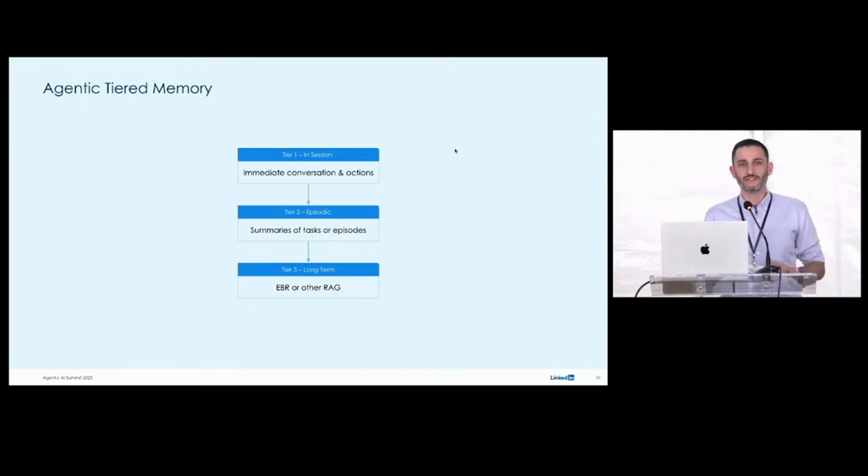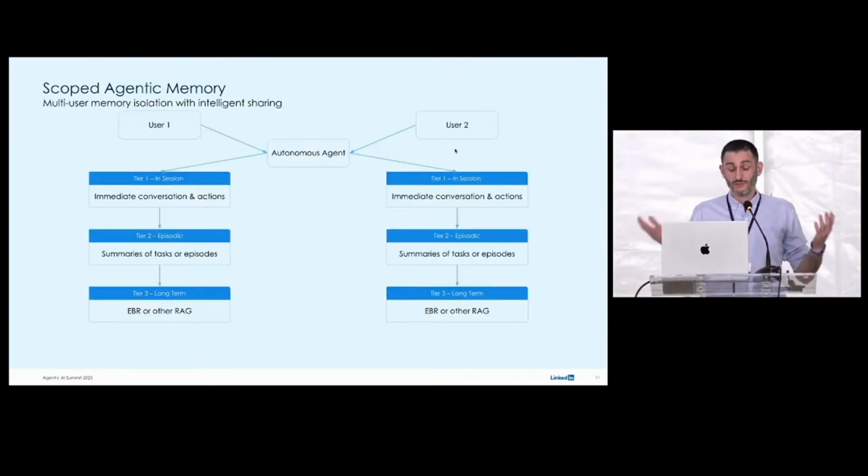When you have too many tasks that have been summarized, now we move back one step further, break everything down into primitives, facts, phrases, shove them in some retrieval system, EBR, or if you want to be fancy, maybe something that's powered by an agent, or maybe a combination of those 2, and use it for RAG. So with an autonomous agent, it starts to look a little bit more like this.